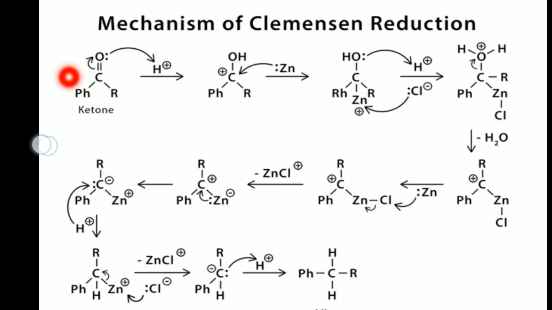Zinc amalgam is having zinc atoms. One of the zinc atoms bonds with this carbonium ion to give this positively charged zinc ionic species. Then another H plus ion adds to the OH group.